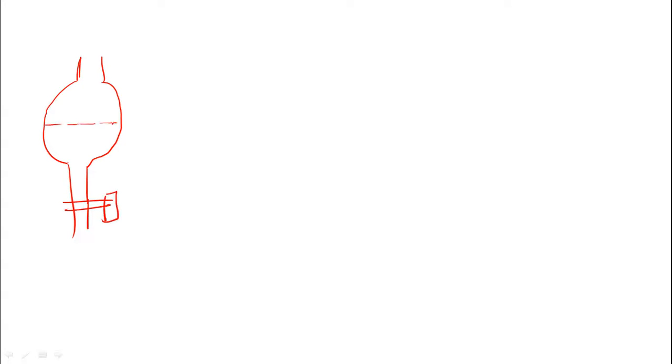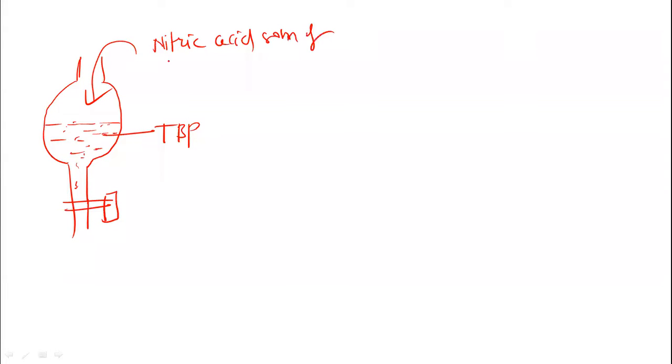Initially, we have taken TBP here as a solvent, tributyl phosphate. It is an organic solvent, a very good solvent, and we have to add here the nitric acid solution of lanthanide ions, that is, an aqueous solution of lanthanide ions.